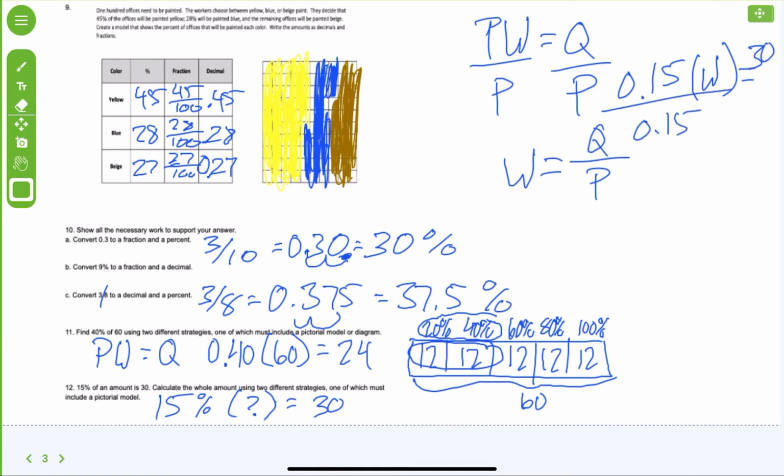Divide by 0.15, divide by 0.15. W is equal, what is 30 divided by 15 hundredths? That is 200. 200 is your whole. So 15% of 200 is 30.